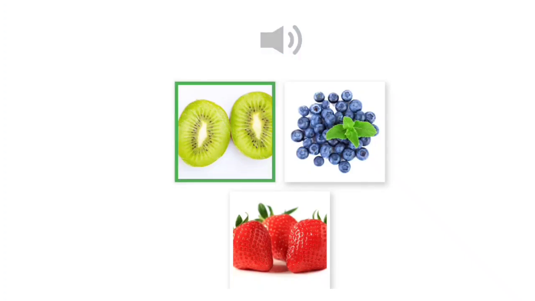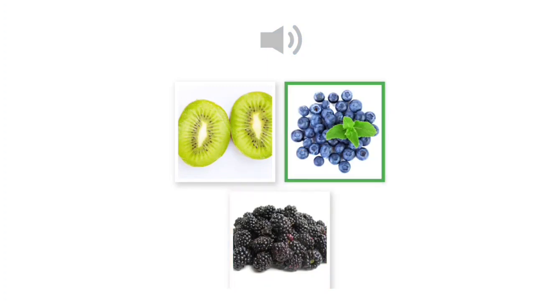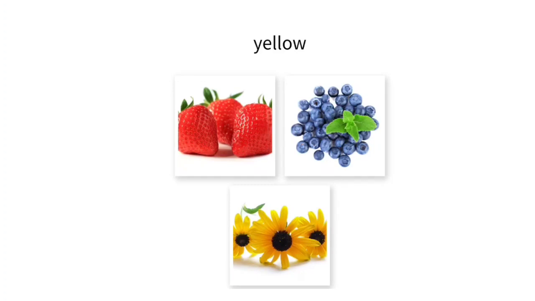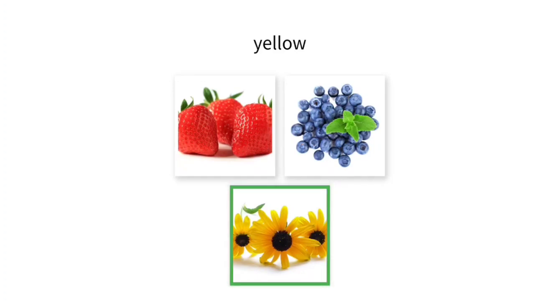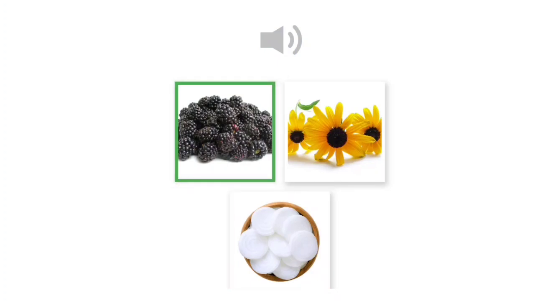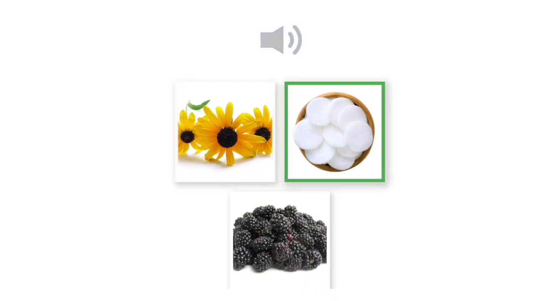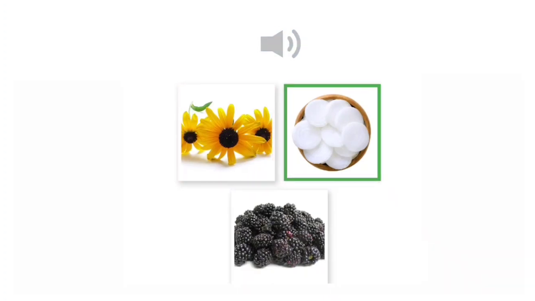This is green. Black. Blue. This is blue color. Yellow. Flowers are yellow. White. This is white. This is black. And this is yellow flower and this is white.